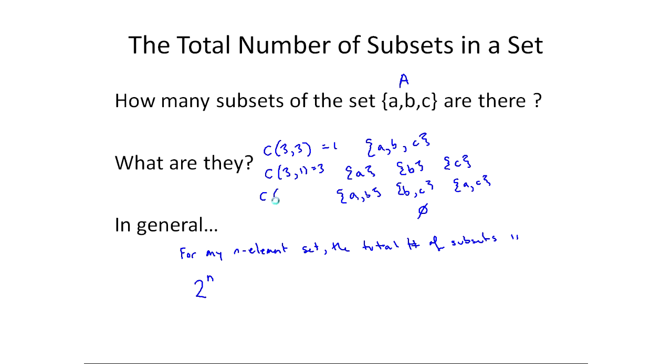This right here is how many 2-element subsets are there. Well, there's 3. 1, 2, 3. And this right here is how many 0-element subsets are there. And then there's 1. And so what this actually does is if you started with 5 and you did C of 5, 5, 5, 4, 5, 3, 5, 2, 5, 1, 5, 0, you did all those combinations, add them up, you'll get 2 to the 5th.